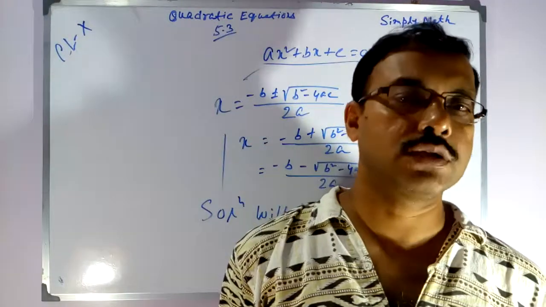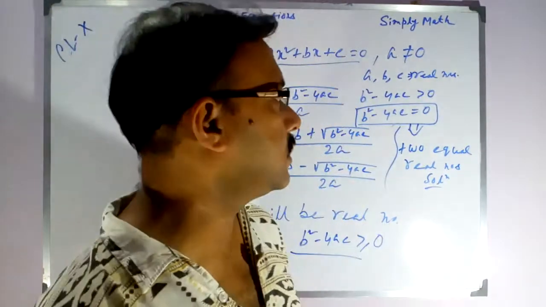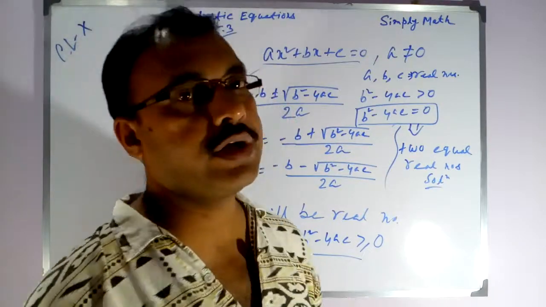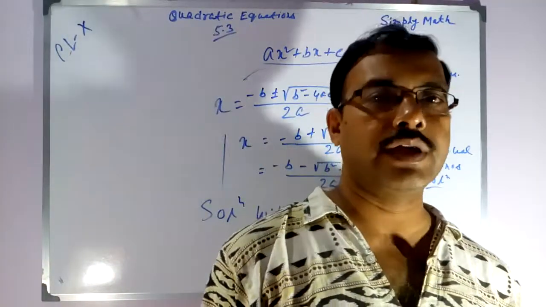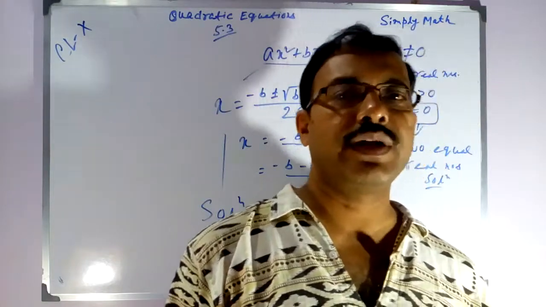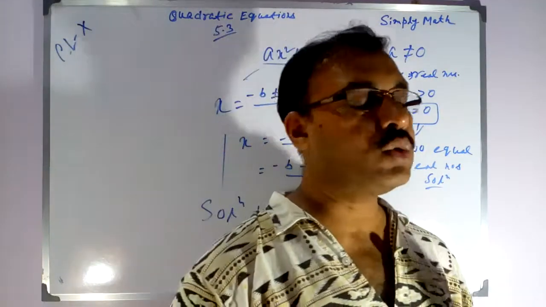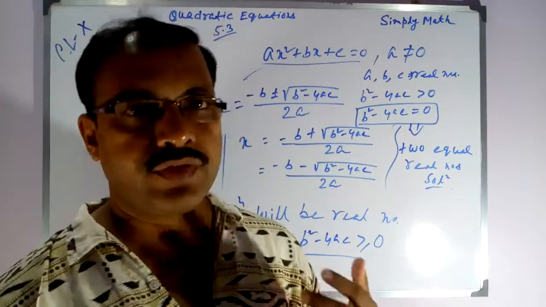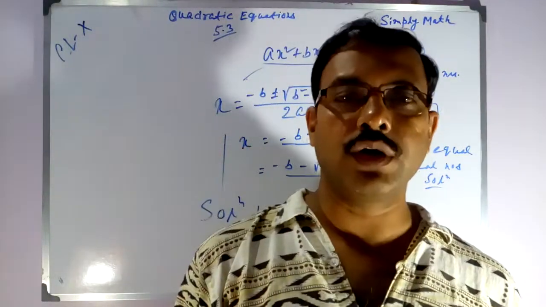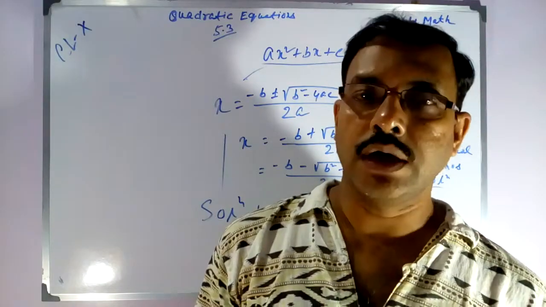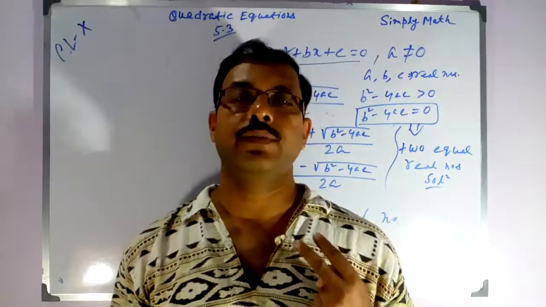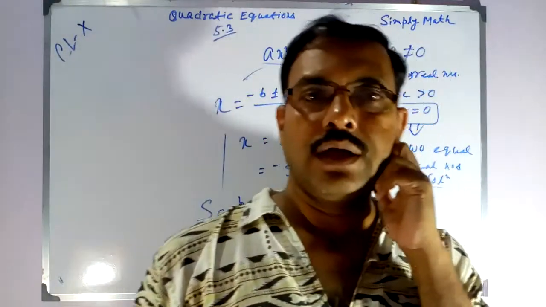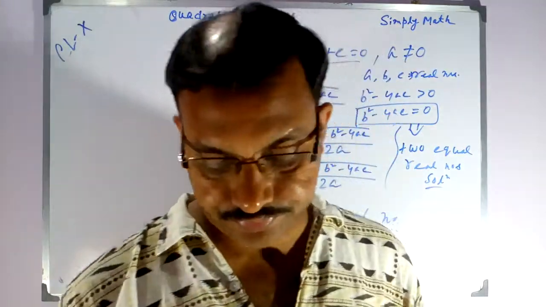This is Sridhar Acharya's method. If b square minus 4ac is greater than or equal to 0, we get two real number solutions. If b square minus 4ac is less than 0, we do not get real number solutions. If b square minus 4ac is equal to 0, we get two real number solutions, and both are equal. Now we will move to the problem.